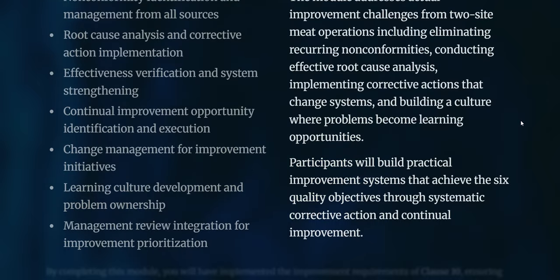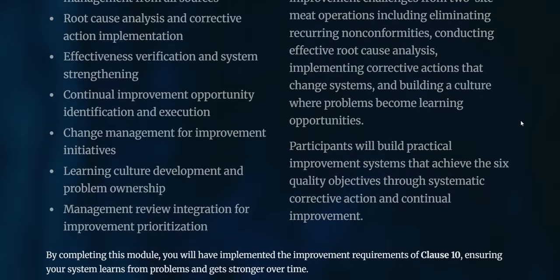Today, we will build a practical improvement system that achieves the 6 quality objectives through systematic corrective actions and continual improvement. Once you complete Module 7, you will have implemented the improvement requirements of Clause 10 and you can replicate that in your own organization, ensuring your system learns from problems and gets stronger over time.